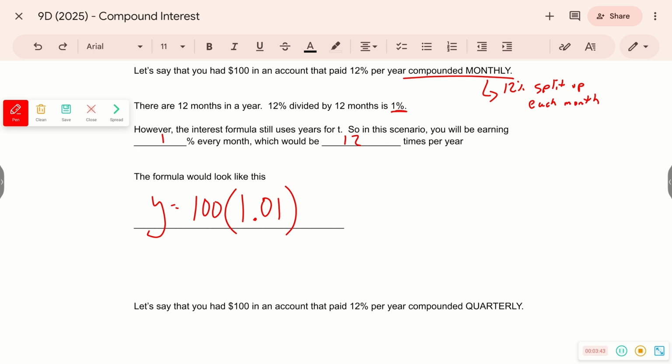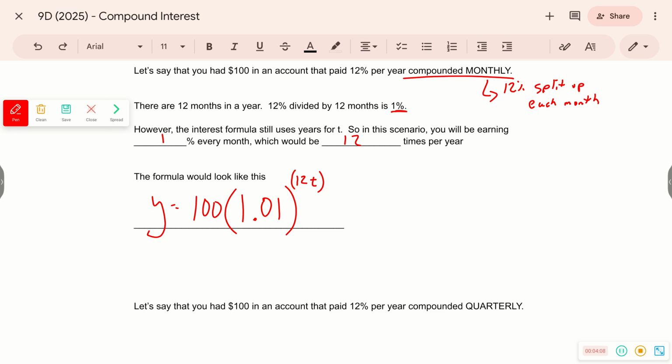But if t is still in years, what we need to do is multiply 12 with t. Because for 1 year, if we put 1 in for t, what we're really getting is 1% 12 times, because 12 months in a year.